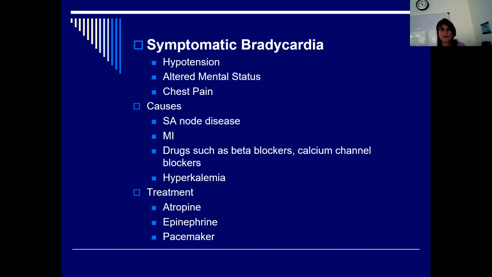So propranolol, I think, is the generic name, and Inderal is the proprietary name. That's the only one that I know of.